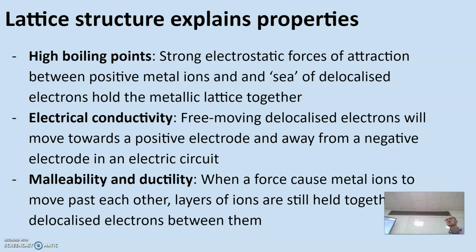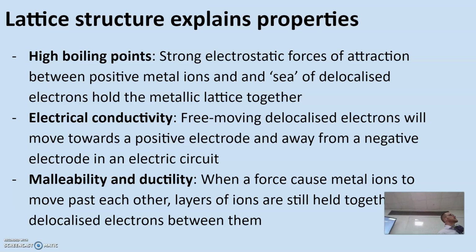In the case of metals, it's the cation and the sea of delocalized electrons that hold it together. Conductivity, we explained that last week. It's those delocalized electrons are free to move. Free moving charged particles means a substance will conduct electricity.